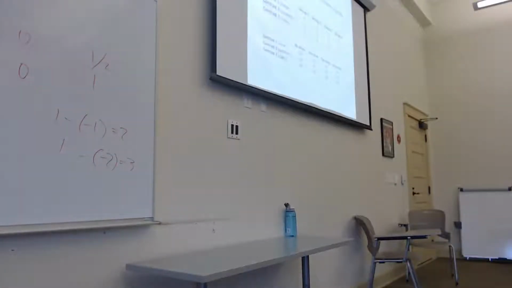Just to draw it out, because I find with polynomial contrasts it's just a little bit easier to think about when you actually draw it. The linear contrast goes like this. The quadratic contrast goes like this. And the cubic goes like this.